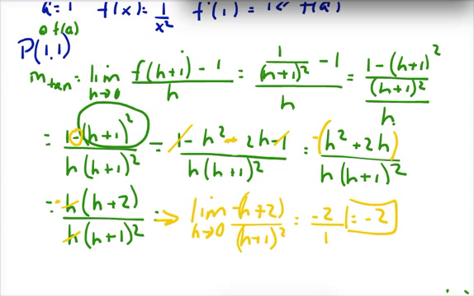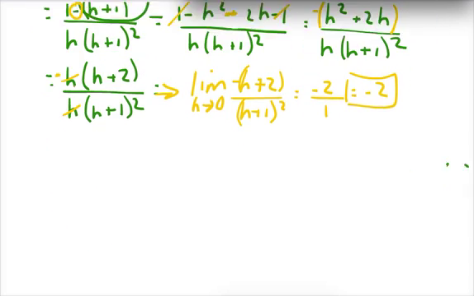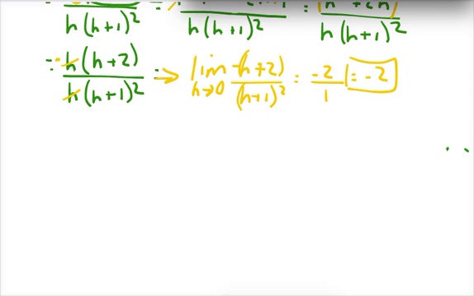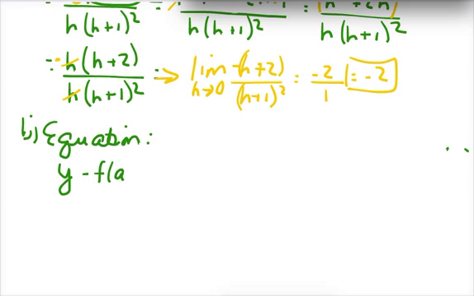So the slope of the tangent line at the point 1, 1 is negative 2. Next step is to solve for the equation. And recall that the equation formula is y minus f of a equals the slope of the tangent line times x minus a.